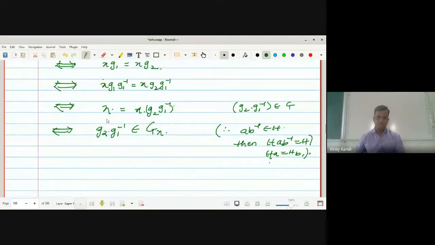So here x is equal to x into G2 G1 inverse. Okay, that implies this G2 and G1 inverse belongs to GX.